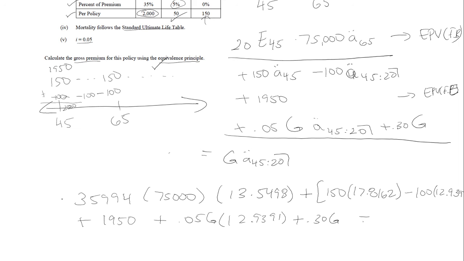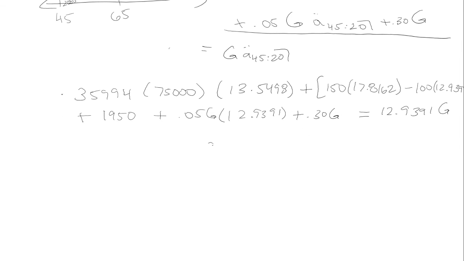And we're going to set that equal to G times ä45 angle 20, which is 12.9391 G. And with some algebra, we get that G is 30,779.